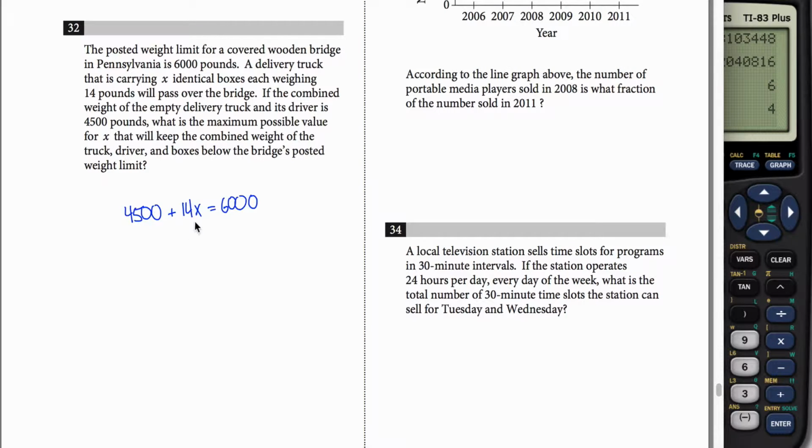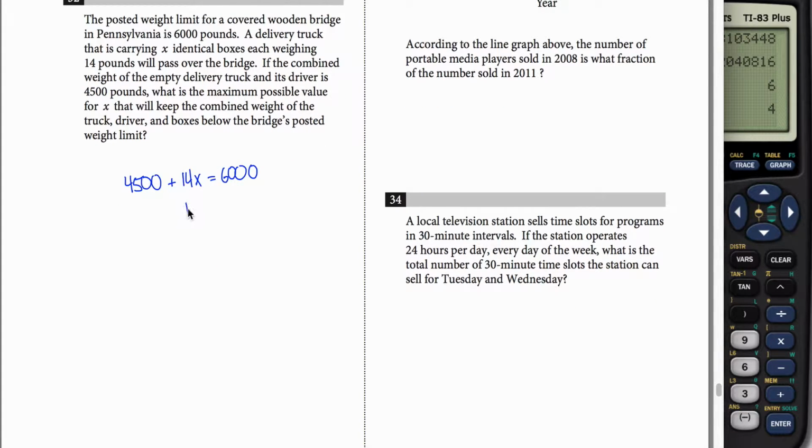Okay, so let's figure out what X would have to be equal to in order for the truck and its driver and the boxes to weigh exactly 6,000 pounds. If I solve this equation, I would subtract 4,500 from both sides to get that 14X equals 1,500.